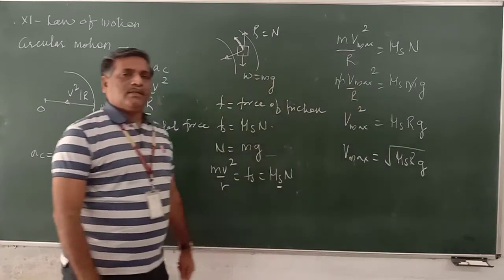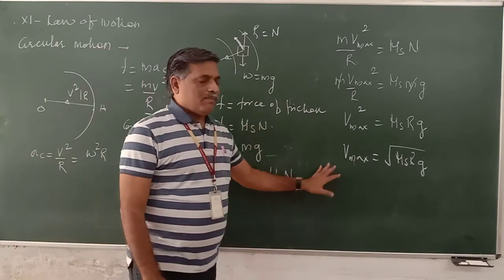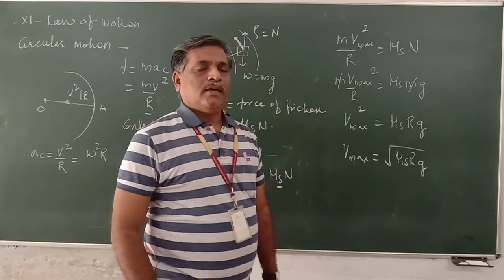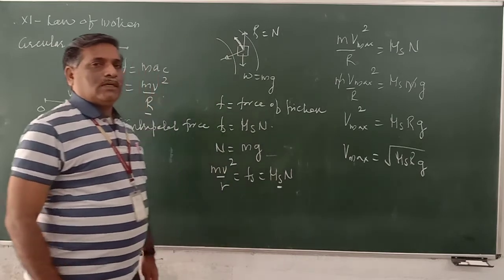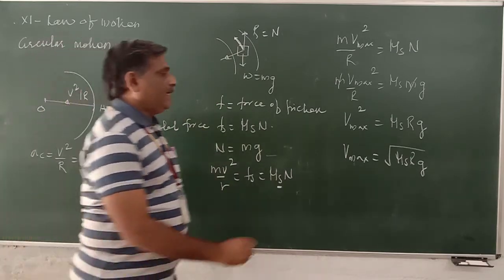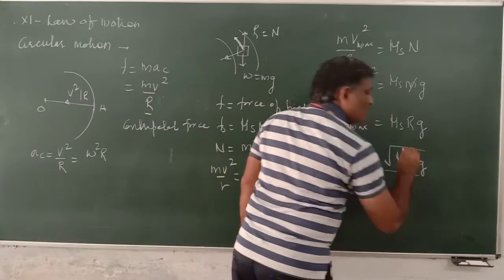From this formula, you can note that the maximum velocity to cut the curve across the road is independent of mass. Here there is no mass.